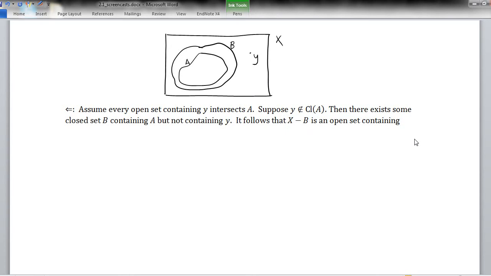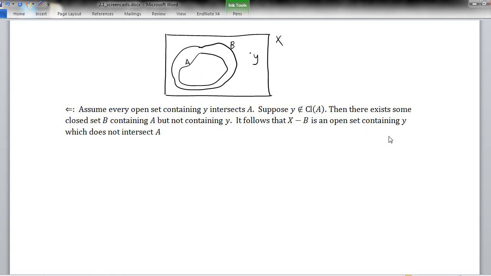Containing Y, which does not intersect A, right? Because if B contains A, then its complement does not intersect A at all.